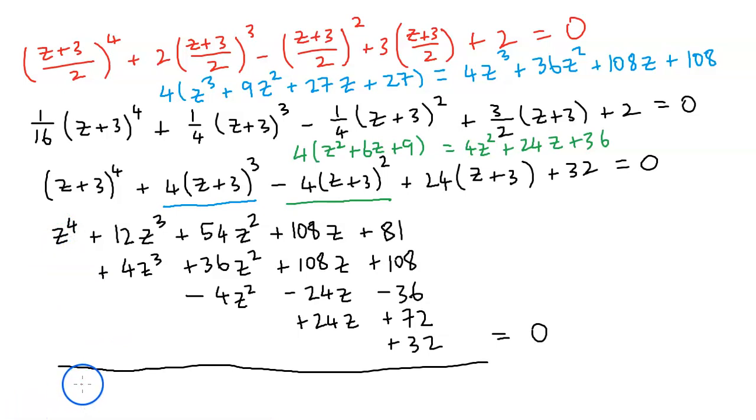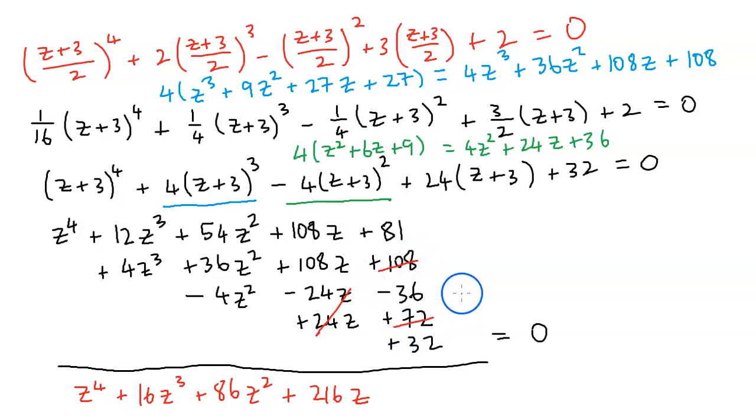Okay, so doing our addition, we get z to the power of 4 plus 16z cubed plus 86z squared, and then those ones disappear, so it's 216z, and then just simplifying a few of these easy ones, 108 and 72 makes 180, and minus 36 and plus 32, so minus 4, so plus 81, wait, what am I doing?